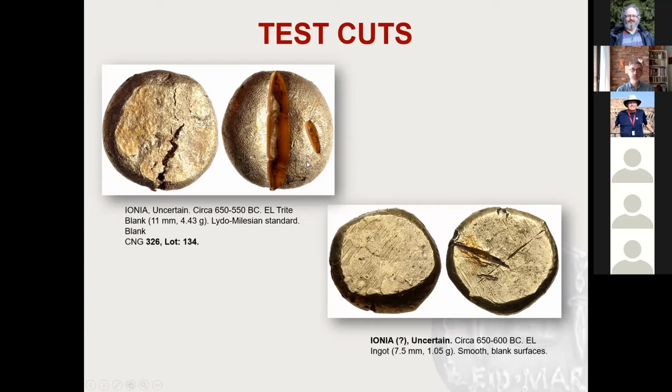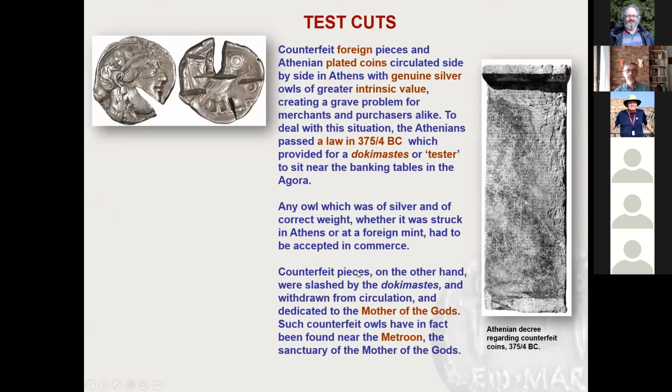But this example tells me that crooks were following from the beginning, or the mints, whoever issuing these pieces, were simply doing the same thing. And here is a prepared flan, and it also has a chisel mark, and they wanted to see if it is real or not. There are apparently some inscriptions regarding the test cuts.